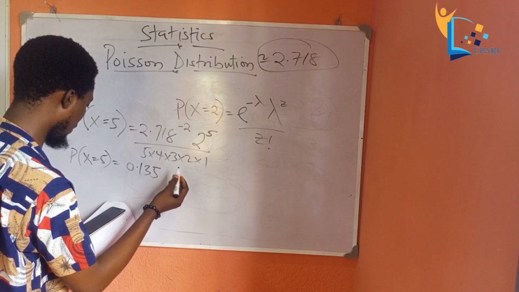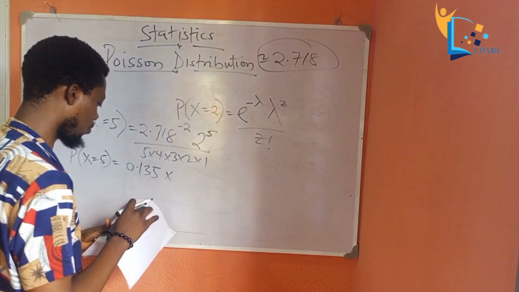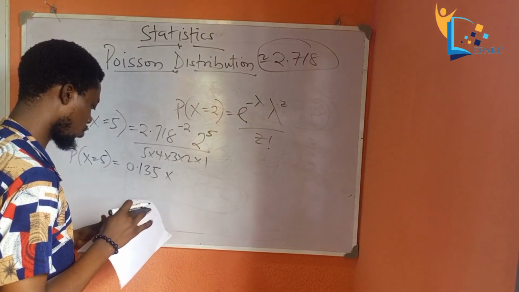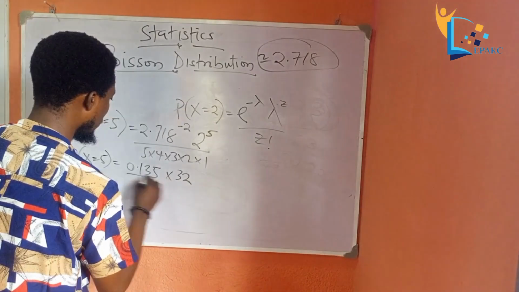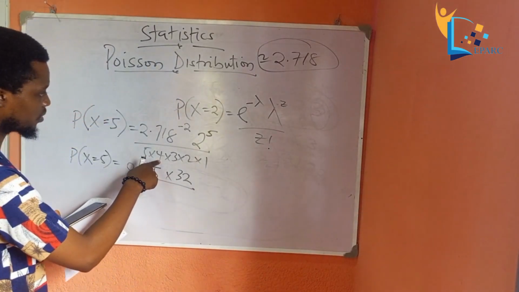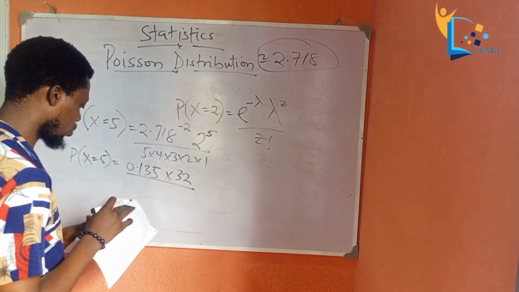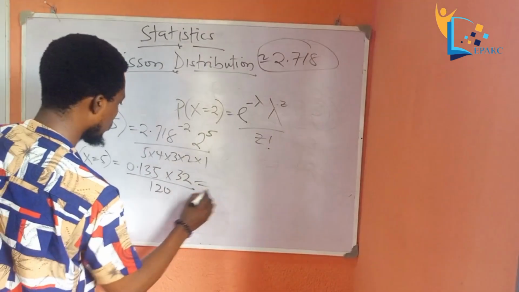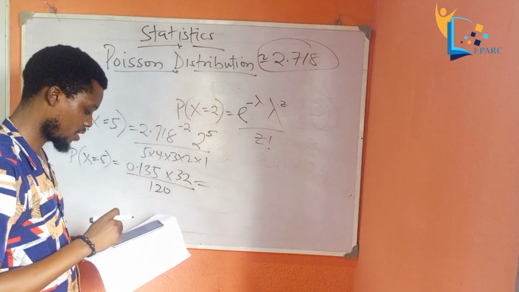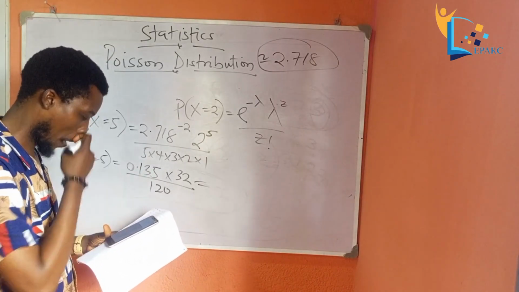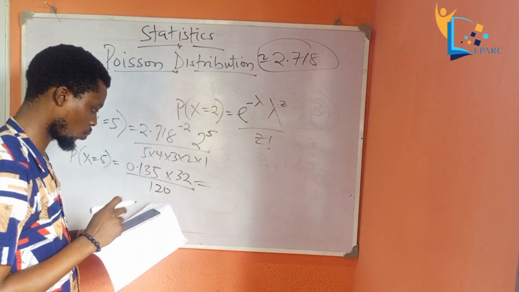Then times 2 raised to the power of 5, which is 32, all over 5 times 4, 20, 20 times 3, that is 60, 60 times 2, that is 120. Which is equal to 0.135 times 32, which is equal to what?